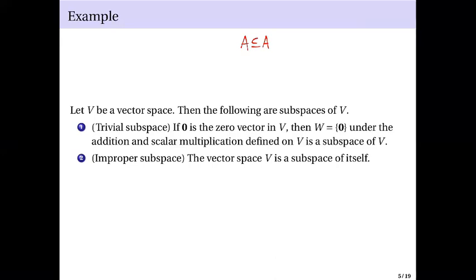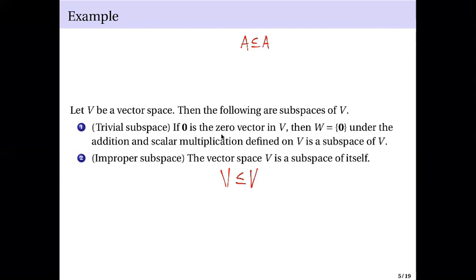So we can transfer this property to the vector space. Any vector space is a subspace of itself, and we call this the improper subspace.